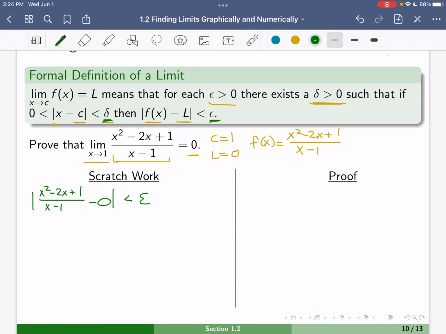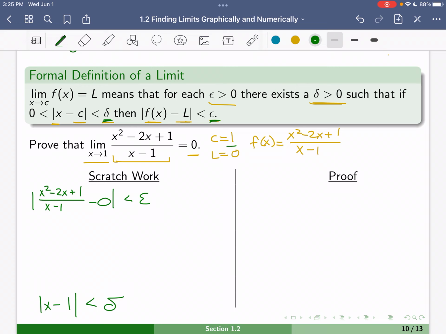We're going to leave that as epsilon itself. We want to go through a series of steps and end up with the absolute value of x minus c, in our case c is equal to 1, is less than delta. And so whatever value you have here, that is going to be your value of delta.